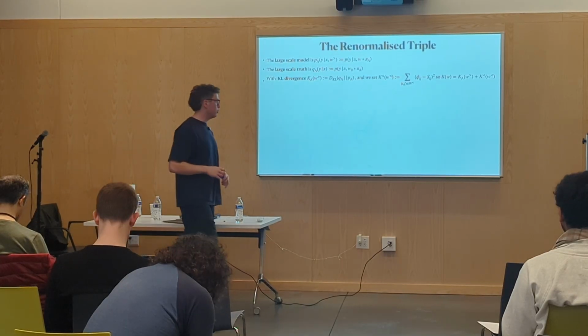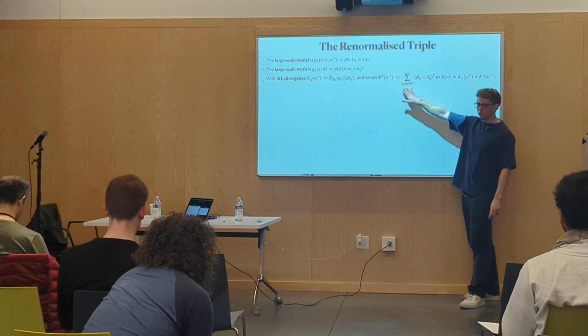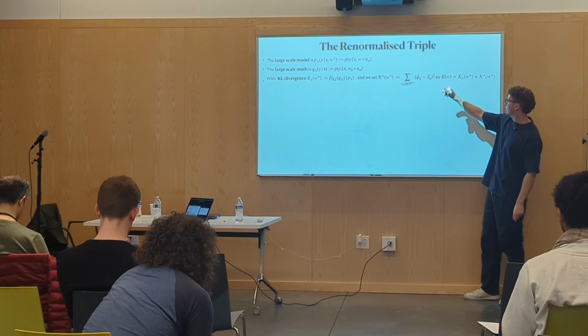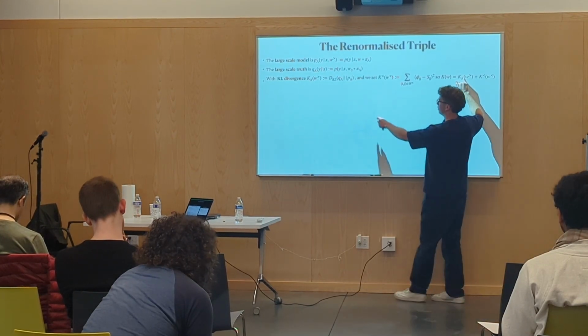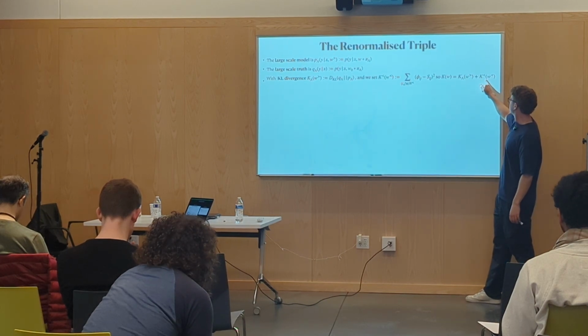I'm going to introduce a notation for the small scale, which is all the ij indices in my divergence from before. And then we can split up the divergence over these large scale parameters over here, and the small scales here.